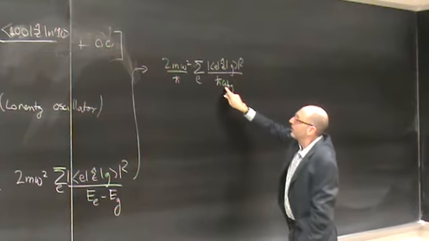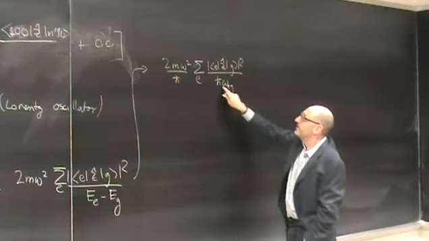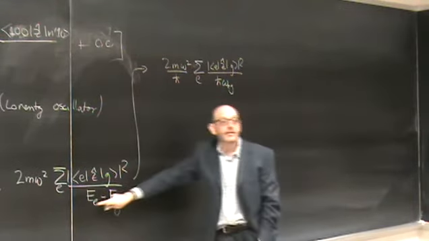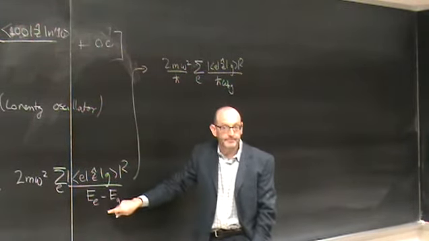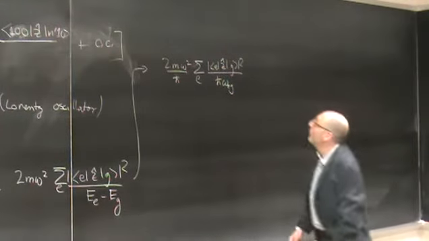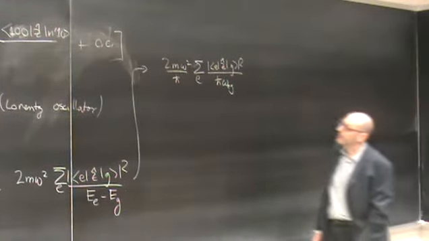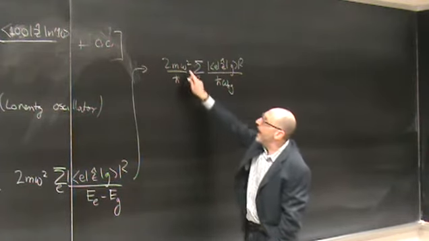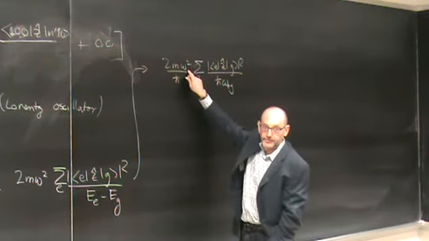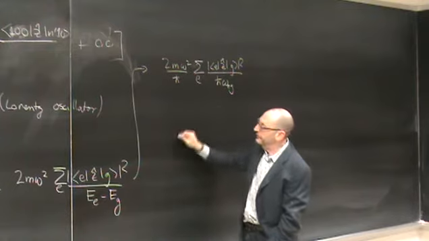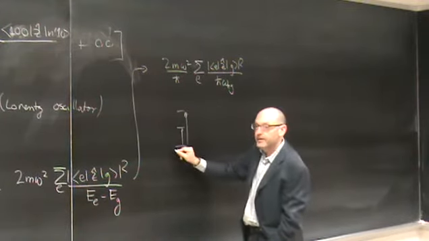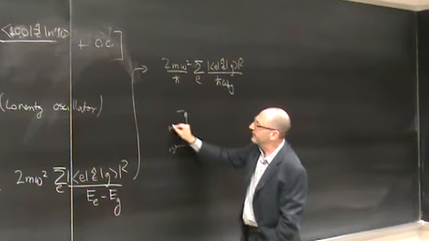Where h bar omega EG, the omega EG is the Bohr energy associated with this energy difference. Okay? So if I think about this in the following way, there is actually a different resonance frequency associated with every different transition from the ground state to every excited state.